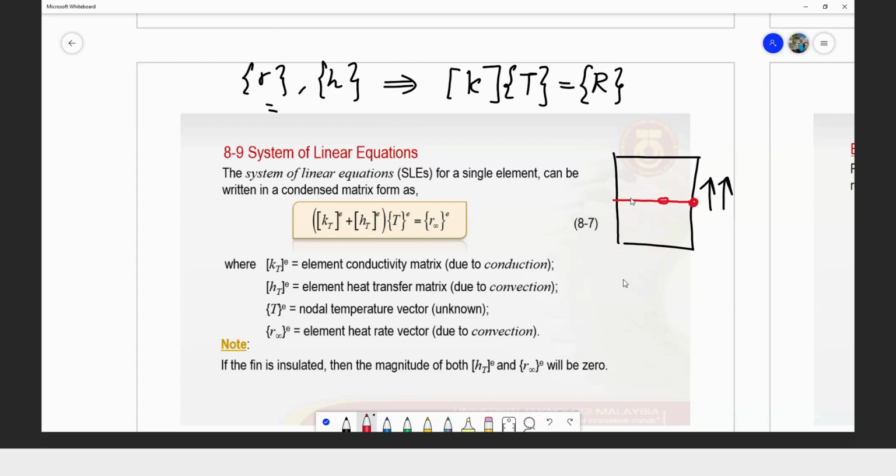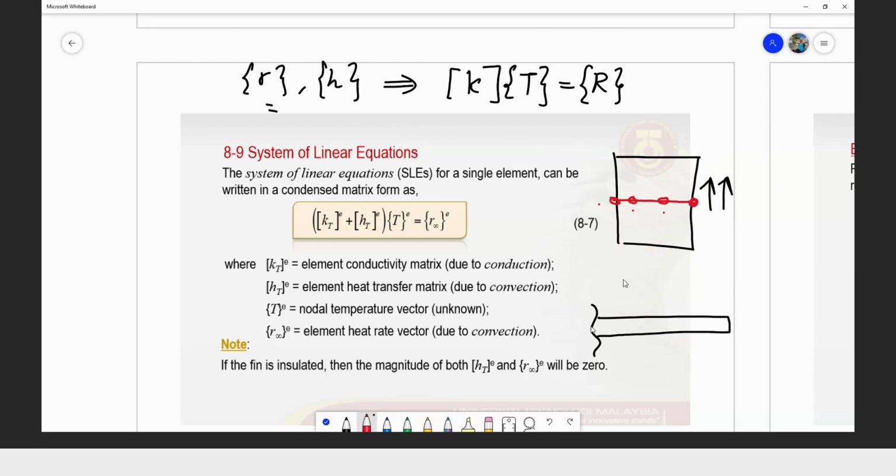To the last node. We do not need to apply it to this node, this and that node. So we just change our last equation. But in this case, all the nodes are experiencing convection.